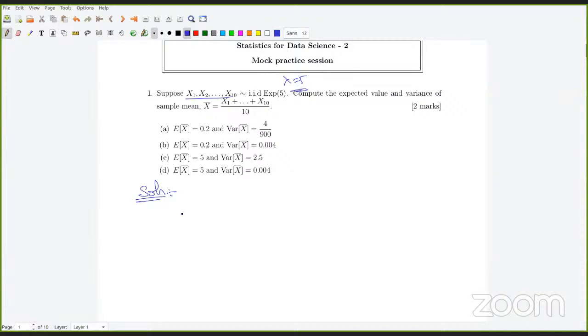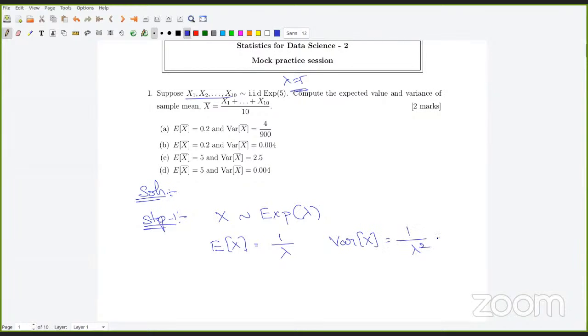What is the expected value of an exponential distribution? It is 1 by lambda. If x is exponential with parameter lambda, the expected value of x is 1 by lambda, and the variance of x is 1 by lambda square.